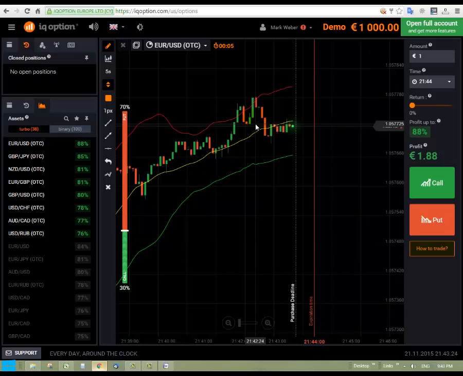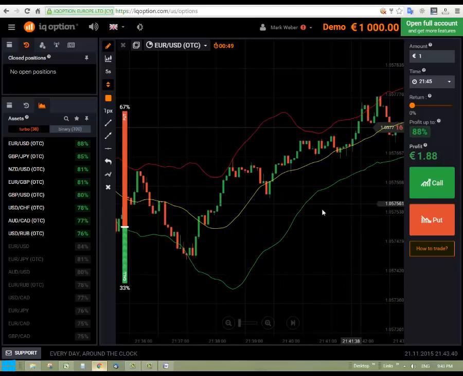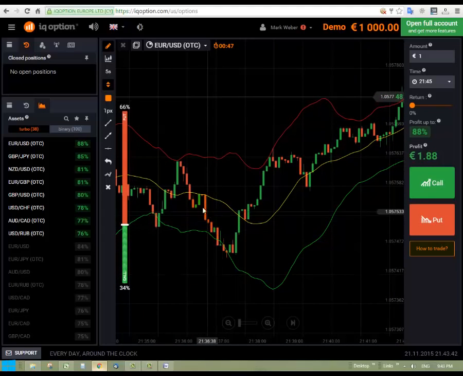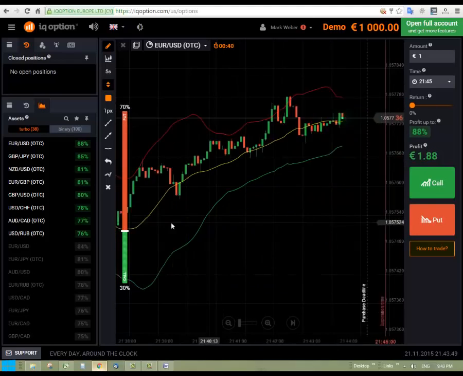On a graph, when the candles start to break out above the top band, then the move will usually continue to go up. And when the candles start to break out below the lower band, then price will usually continue to go down.